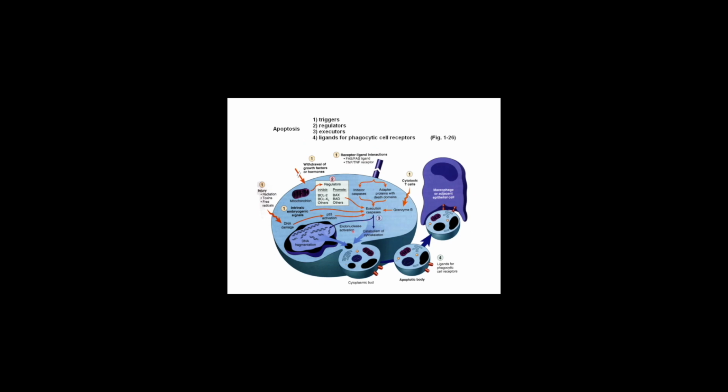They cause endonuclease activity in the nucleus. DNA gets broken and fragmented. All of this buds out in a cytoplasmic bud, forms this apoptotic body, which is phagocytosed by the neighboring cells. Now, what is cool about this mechanism is that the cell contents are never spilled out. So there's no inflammation that comes about because of apoptosis.